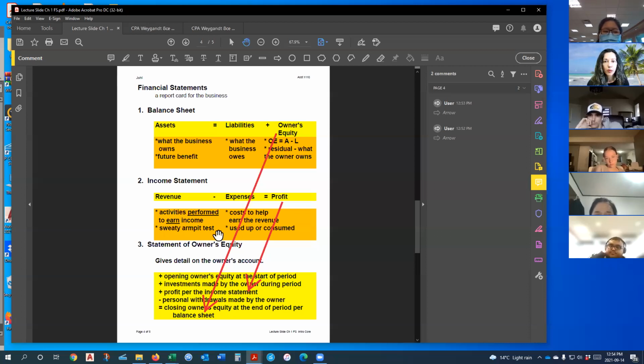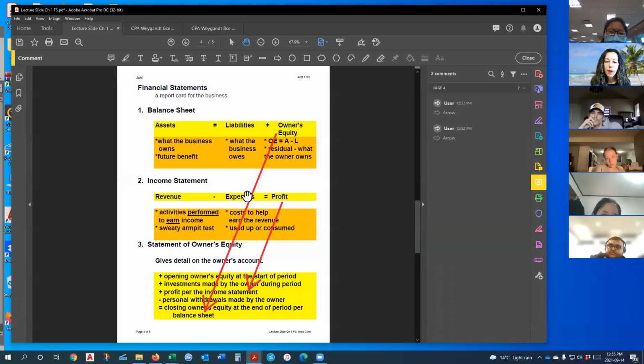If it's a mechanic, was the car fixed? Was the computer repaired? Did you sell that can of soup or that pair of shoes to somebody? Has the activity or the sale taken place? Okay. If it hasn't taken place, then it's not revenue.